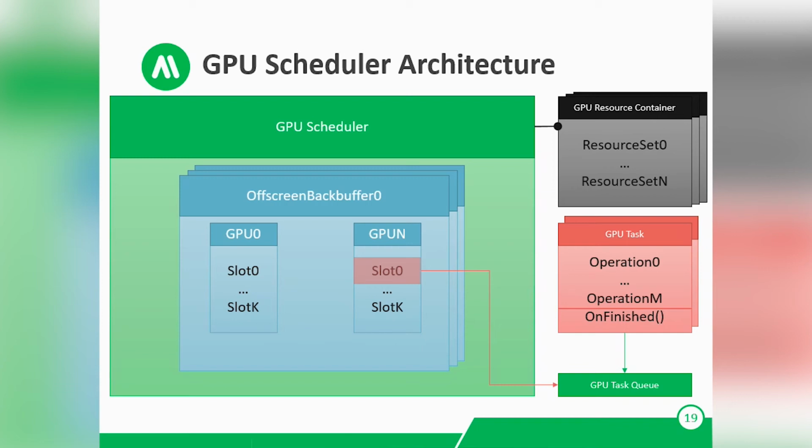Basically, an algorithm chooses the least loaded GPU based on the number of tasks and the number of free slots on that GPU, and it selects a free slot, and that slot will be given to the GPU task queue.